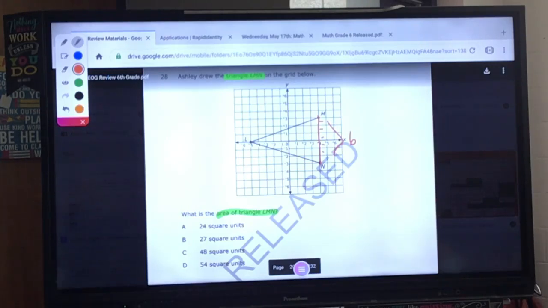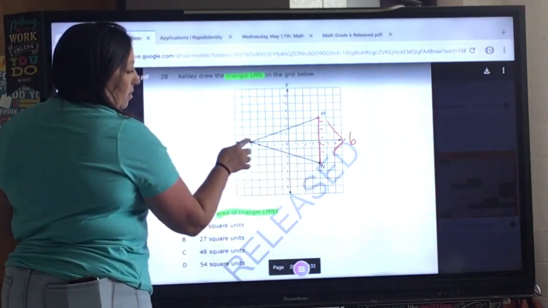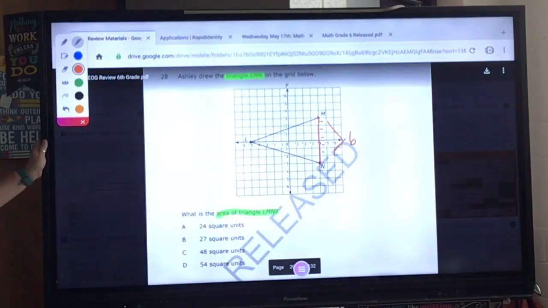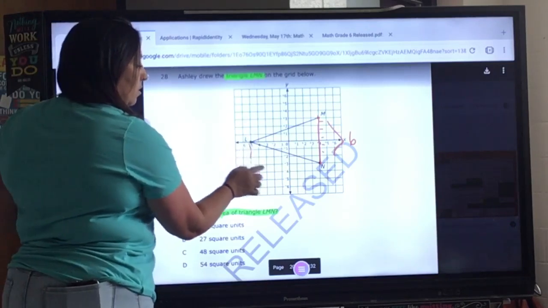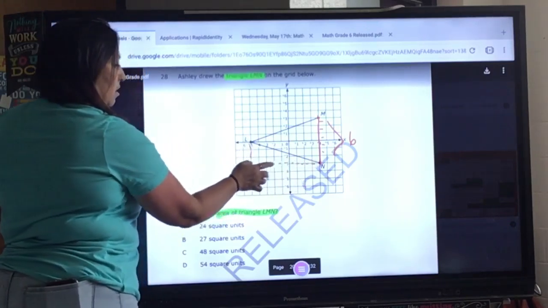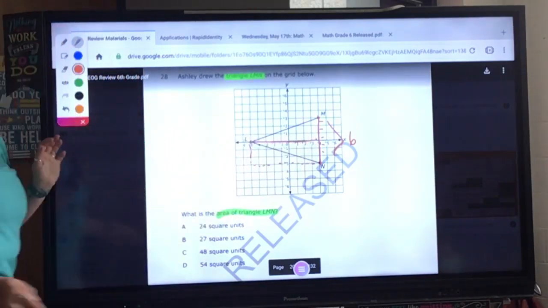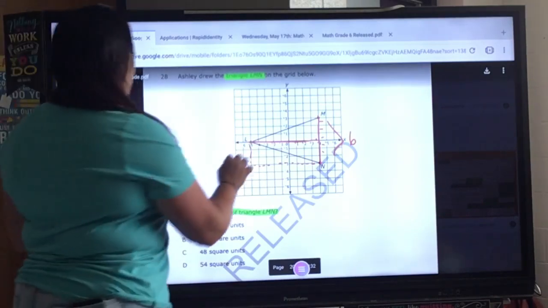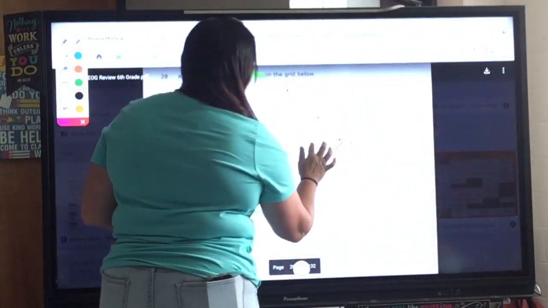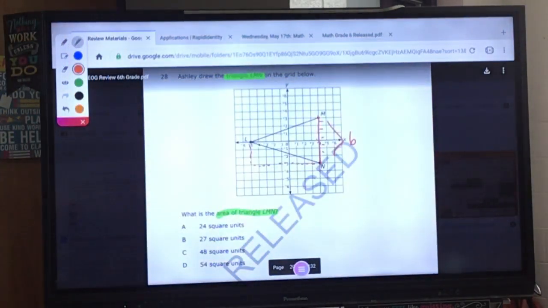I would count from N to L. From here to here? Yeah. I would draw a line, that way it's even, like I would make the L go down to N. Like this? Yeah. Okay. Can we also go from here to here? Yeah. Okay, so either one is the same. So whichever one you decide that you like better. Alright, so now keep going, tell me what you would do now. Count the boxes.